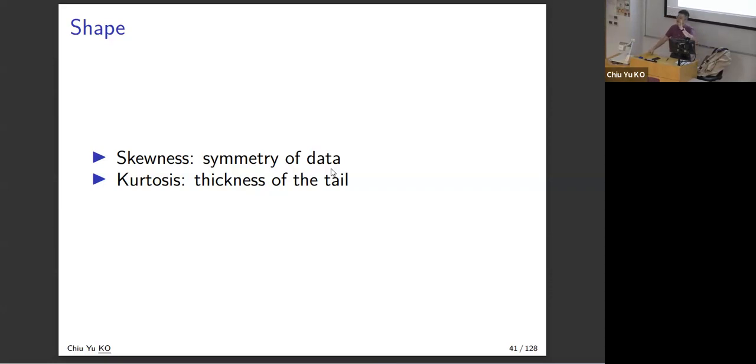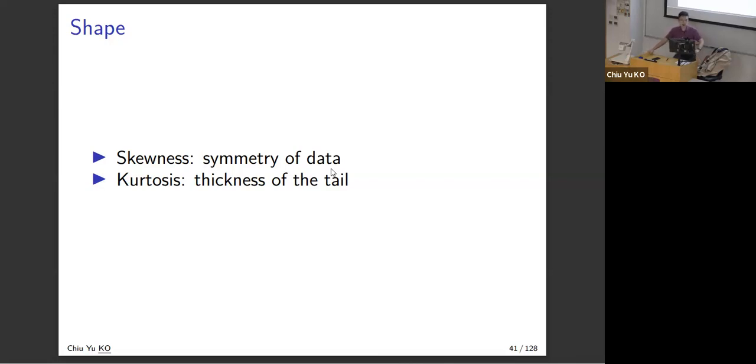Just to remind you again why I care about the shape. First, the shape can tell us whether your data is good, because we know from the historical data what this measure should look like, and when you measure again, you know whether the data is good or bad. And if your data looks very weird in shape, then you have to be very careful when you further do analysis.